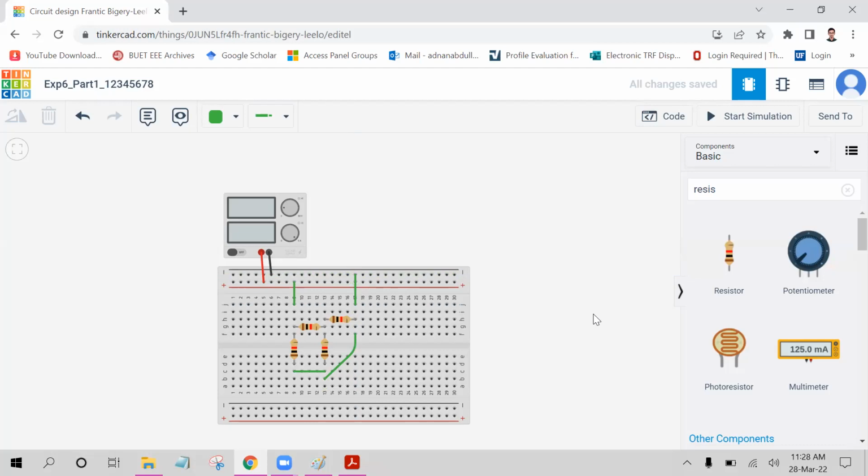Okay. I didn't explain it too much. I hope everyone has got the idea how to build this circuit. If anyone has any confusion, you can tell me. Is the connection clear to everyone?